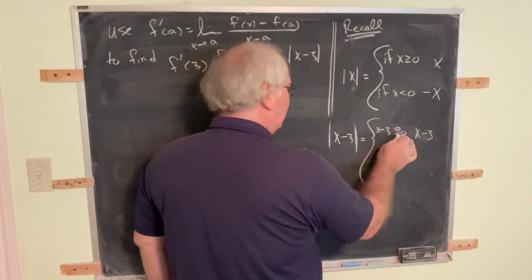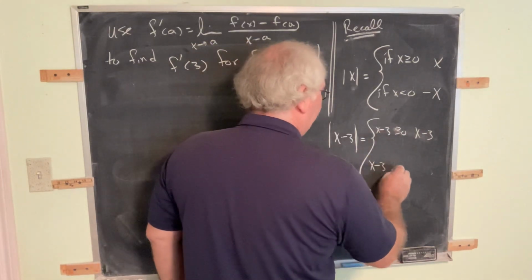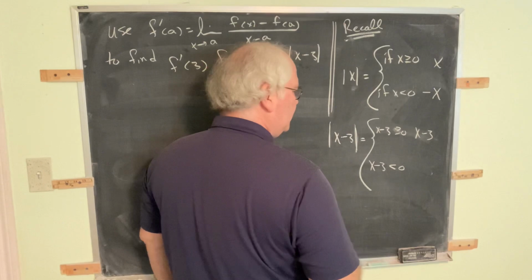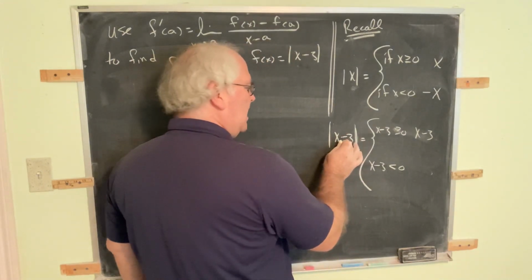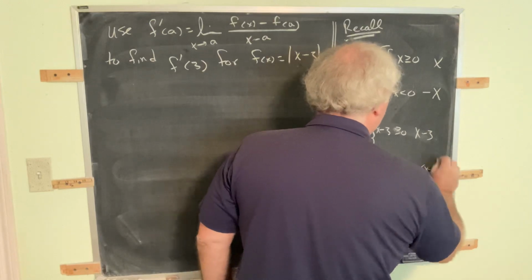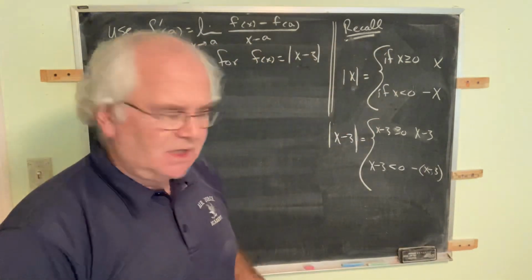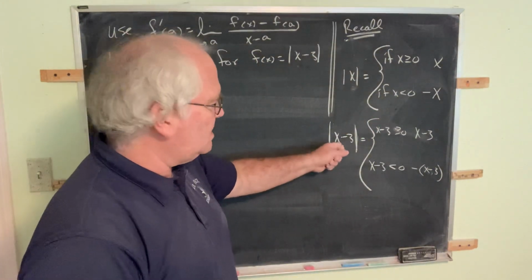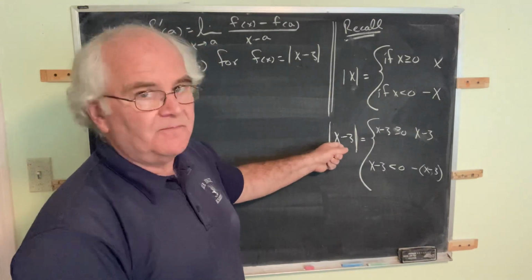1 minus 3 is not bigger than 0. If x minus 3 is less than 0, you don't change the minus to a plus. You put an extra negative sign in front of it, and that will always give you the correct result. Let's make it easy. Suppose x is negative 10.